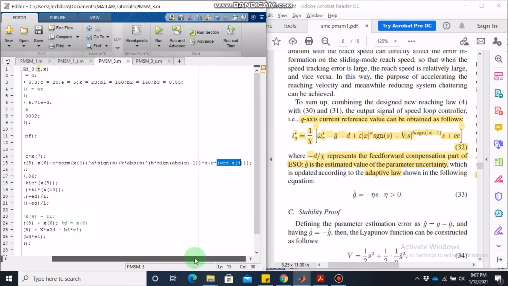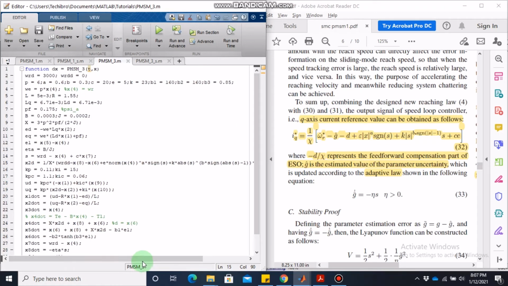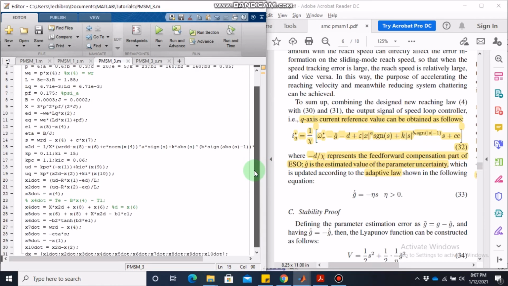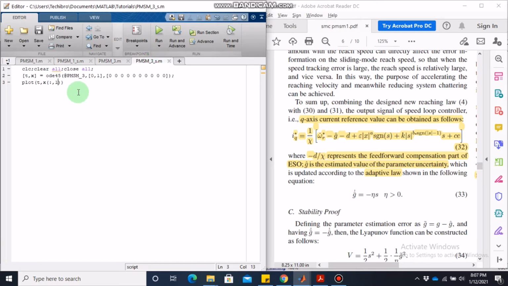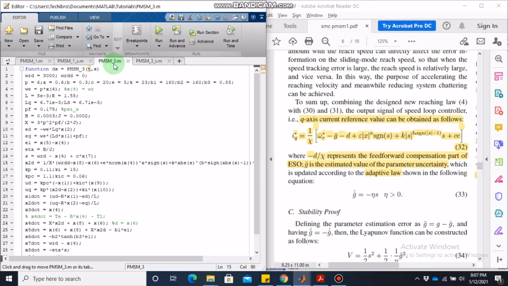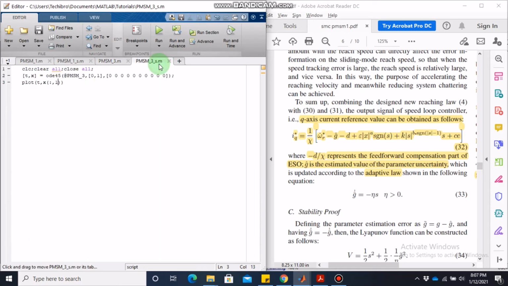You can just copy this by taking a screenshot, and then let's go to its implementation. So in implementations, I just used all 0 initial conditions, and remember that we have given the desirable angular velocity to be 3000, and I can plot the state variable number 4, which is the velocity.